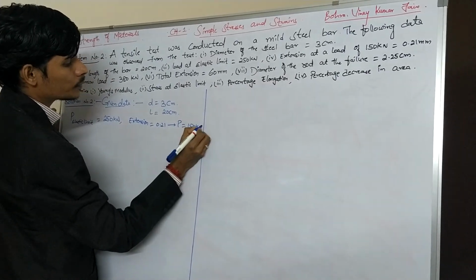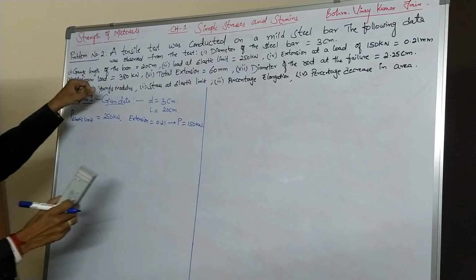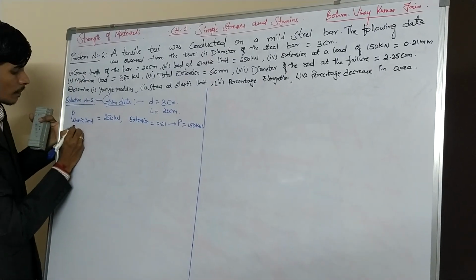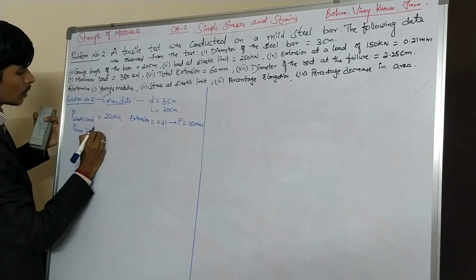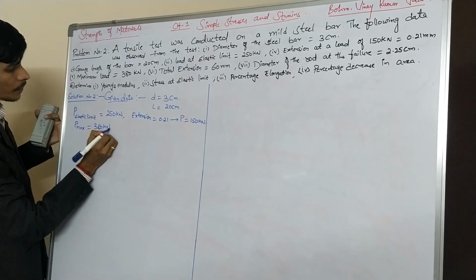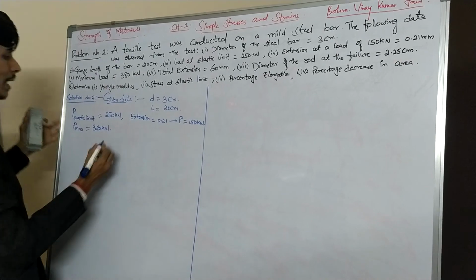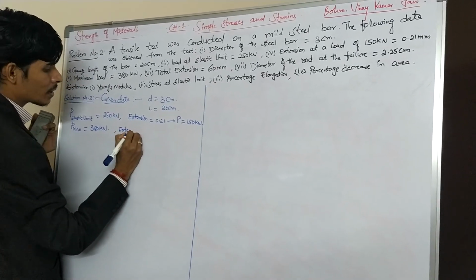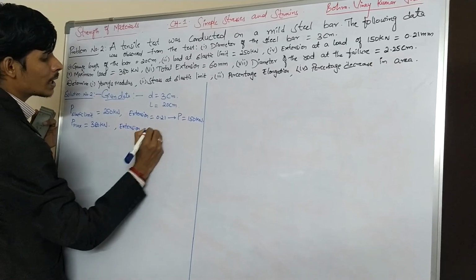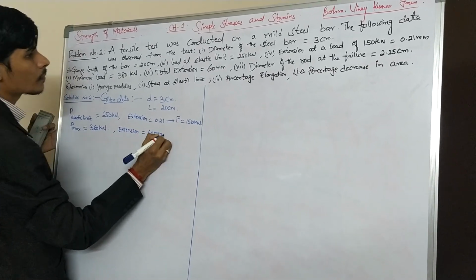That is at a load of 150 kilonewton. And given that maximum load, P maximum, equal to 380 kilonewton. And given the total extension. Write down extension in this way only. Total extension is 60 mm.